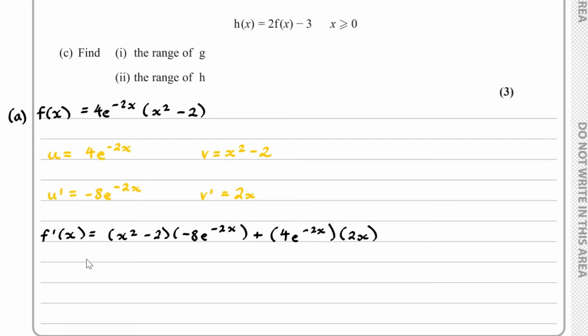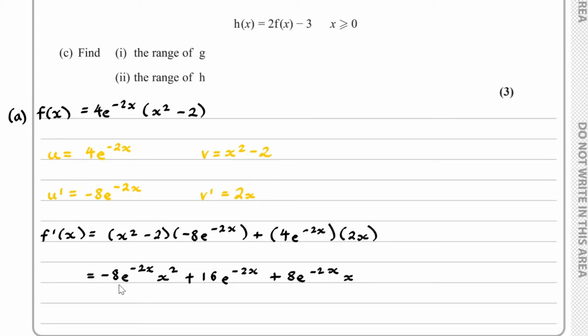And if we tidy all this up, here we have minus 8e to the minus 2x x squared, and then we have minus 2 times minus 8, that's plus 16. So we have plus 16e to the minus 2x. And then here, 4 times 2 is 8, so we add on 8e to the minus 2x times x.